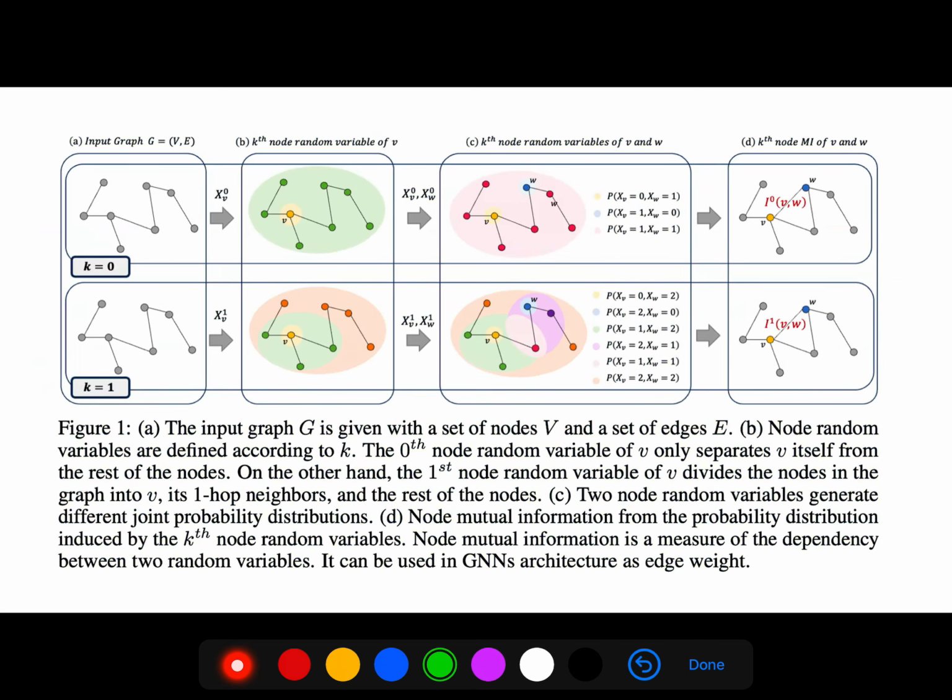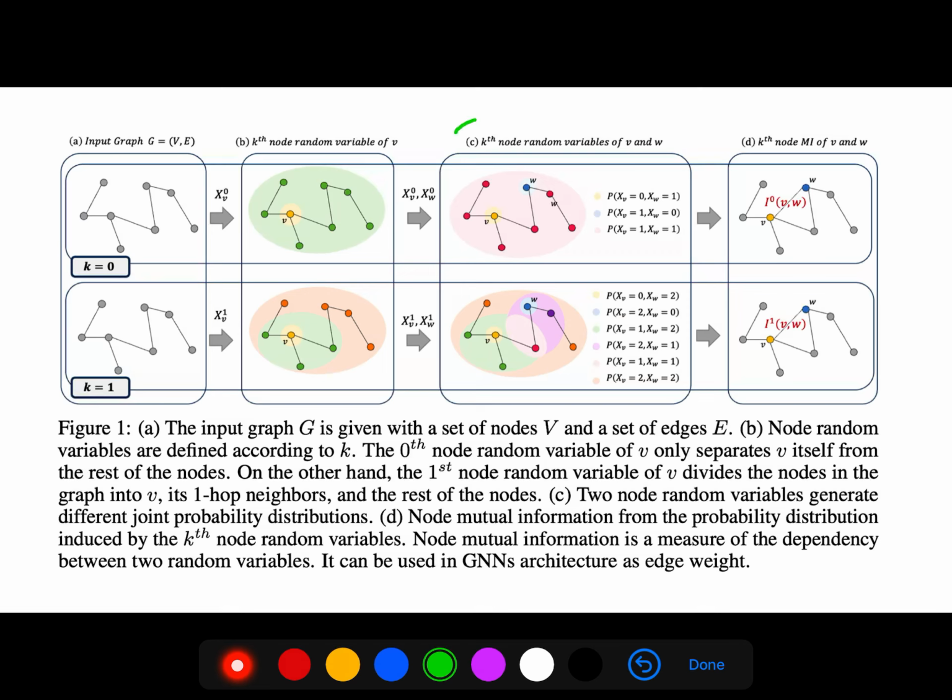So you see in the figure that the input graph is given with a set of nodes and a set of edges. Node random variables are defined according to k. The zeroth node variable of v only separates v itself from the rest of the nodes. On the other hand, the first node random variable of v divides the nodes in the graph into v, its one-hop neighbors, and the rest of the nodes.